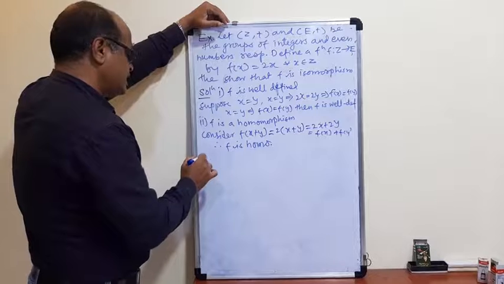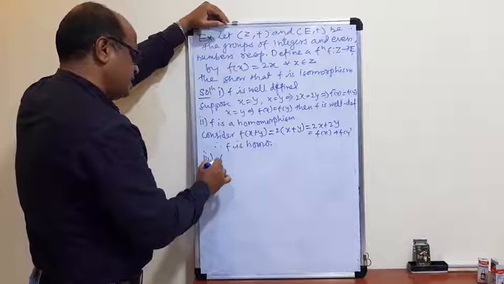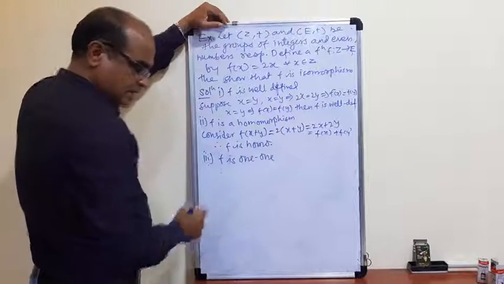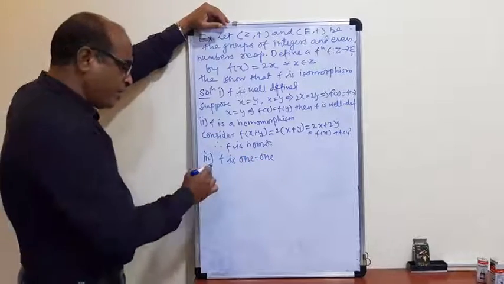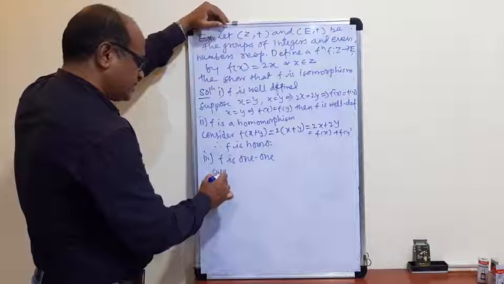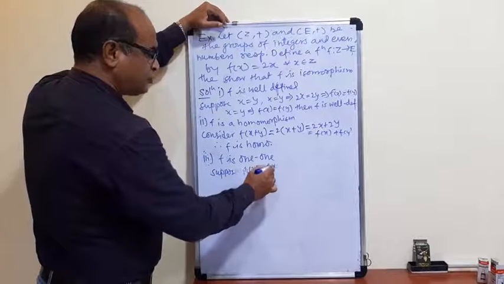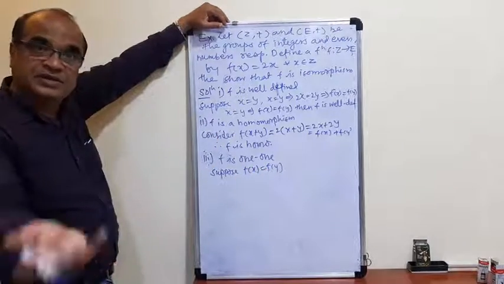Okay. So what is the next condition? F is 1-1, one to one. So what is one-to-one? Suppose f(x) is equal to f(y), and we show that x is equal to y.